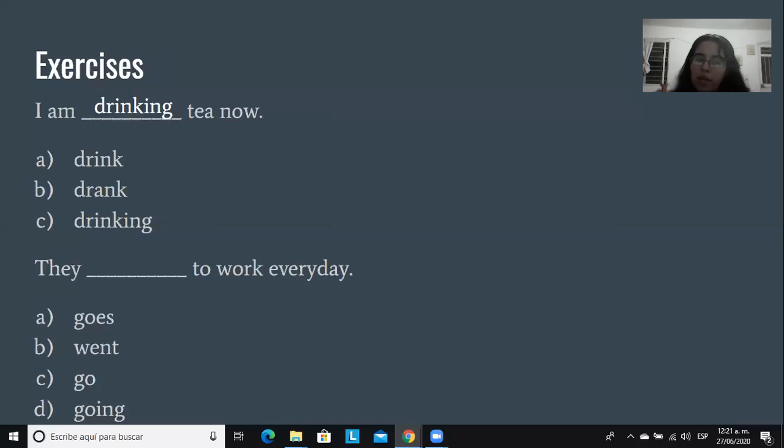So this one would be they go to work every day, because when it says every day, it's like a routine. So we have to use simple present. And when it's they, we don't use the S. So it would be they go to work every day.